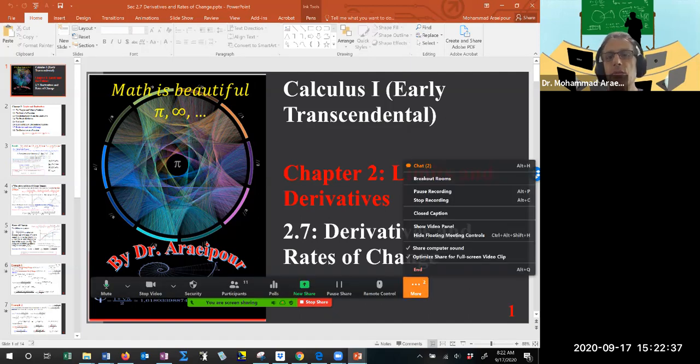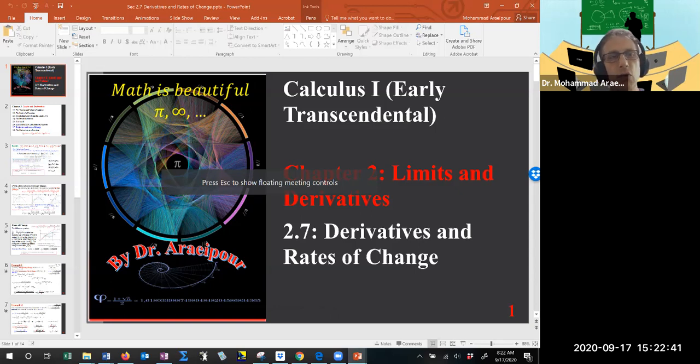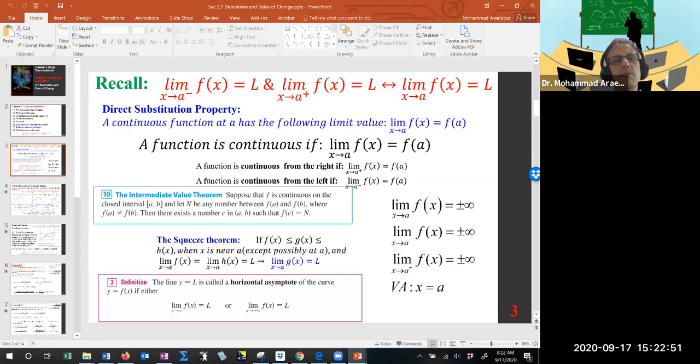All right, class, we are moving on to the next section, 2.7, derivatives and rates of change. First, we are looking at the synopsis of what has been covered: the concept of a limit, a one-sided limit. When they are identical, the limit exists.